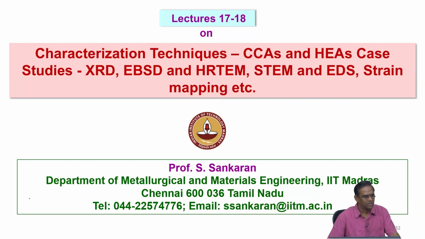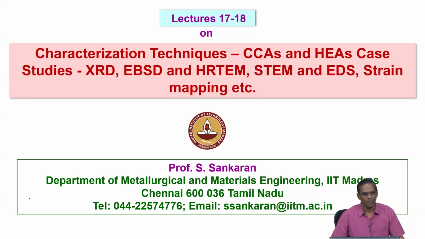Then apart from XRD, we also use electron microscopy techniques. In electron microscopy, typically we are interested in phase identification and the diffraction information, selected area diffraction information, and then we try to correlate with the crystallography in a very localized region.